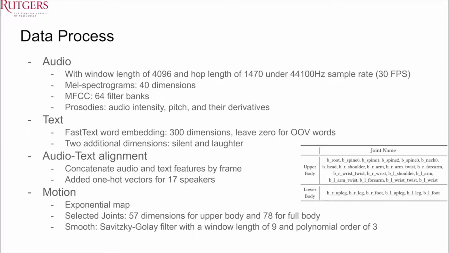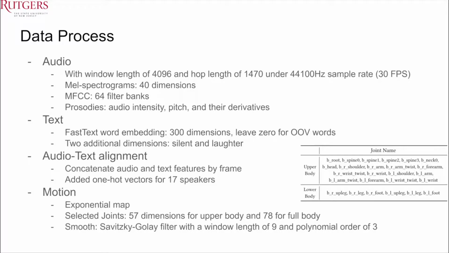We use FastText word embeddings with 300 dimensions for processing the text features. We leave all zeros for out of vocabulary words. We add 2 additional dimensions to the text features, one labeling whether the corresponding audio frame is silent and the other telling if any laughter is present.